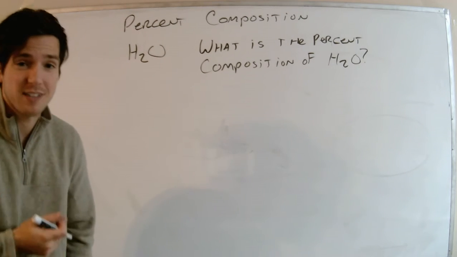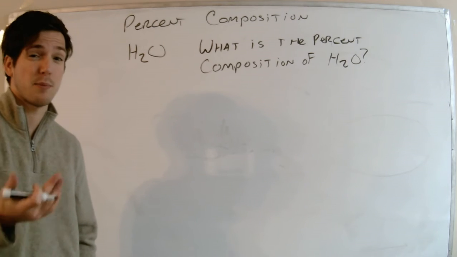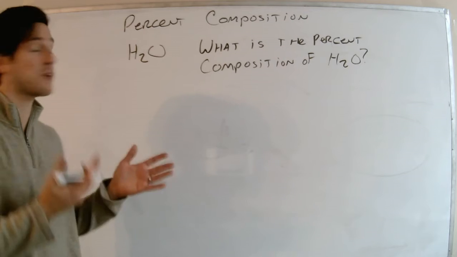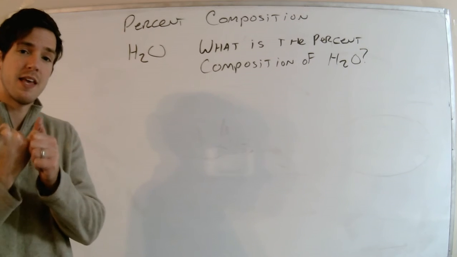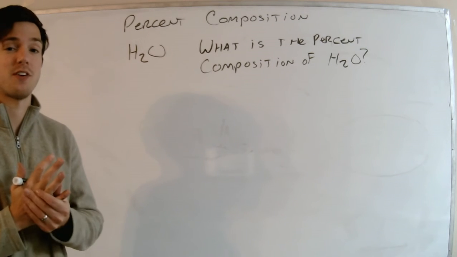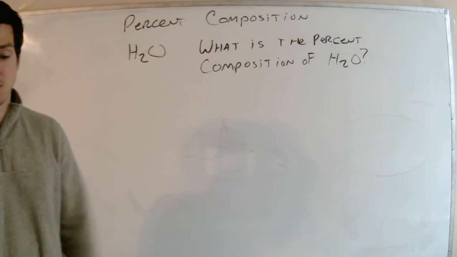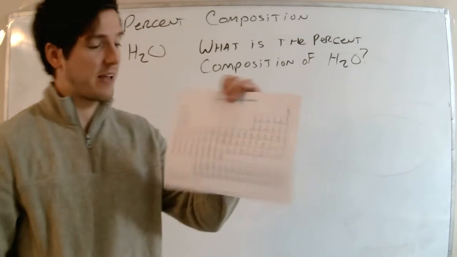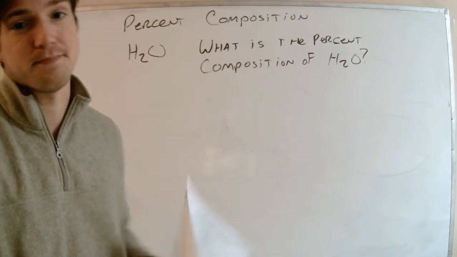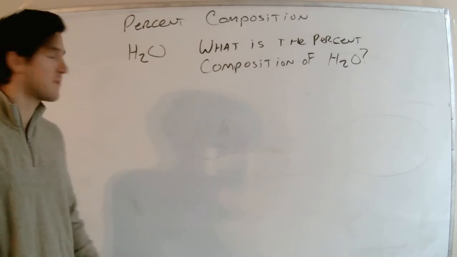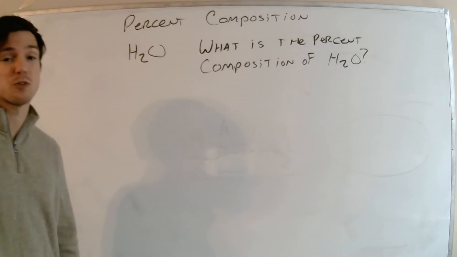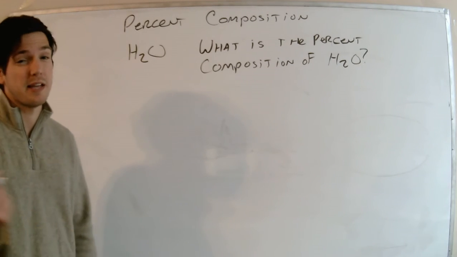That's pretty much asking you, what are the percentages that make up that compound of H2O? So what percentage of this H2O is hydrogen, and what percentage is oxygen? What we're going to use to figure that out is our molar masses on our periodic table. The first thing I'm going to do is figure out the molar mass of water altogether, which we should know is 18.